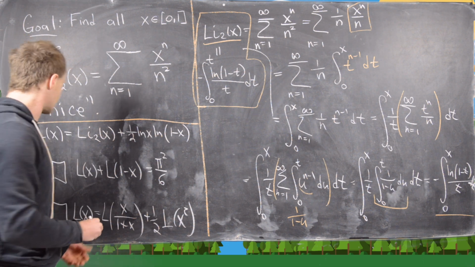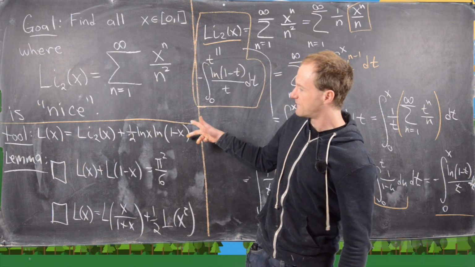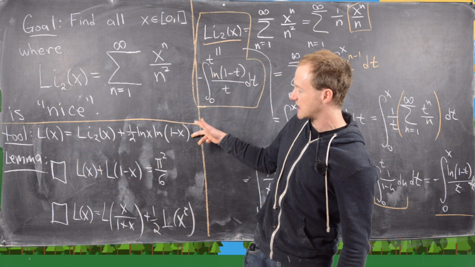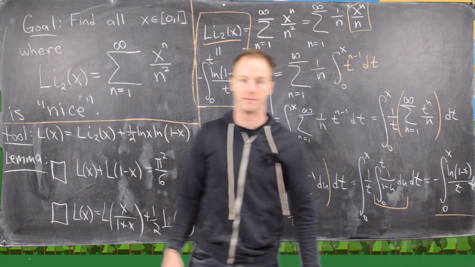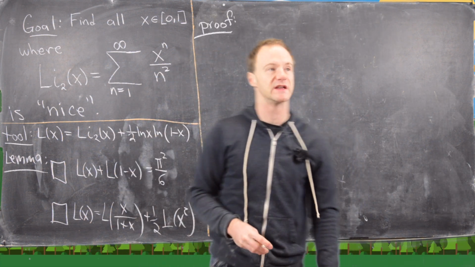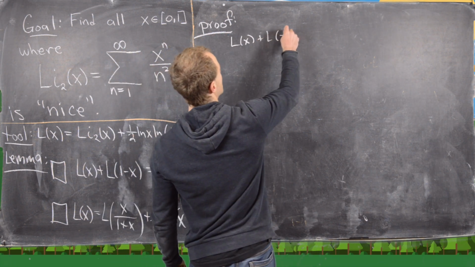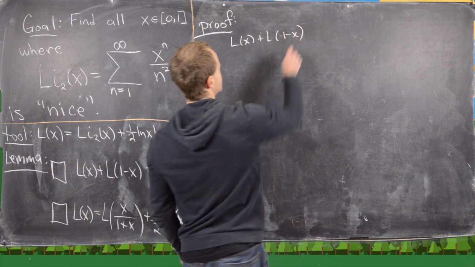Okay, so I'm going to clean up the board, and then we're going to define this function L of x as follows, and then we're going to prove this lemma. Now we're ready to look at the proof of the first part of this lemma. So we want to look at L of x plus L of 1 minus x.